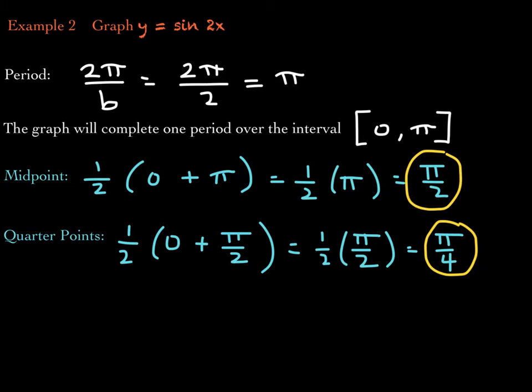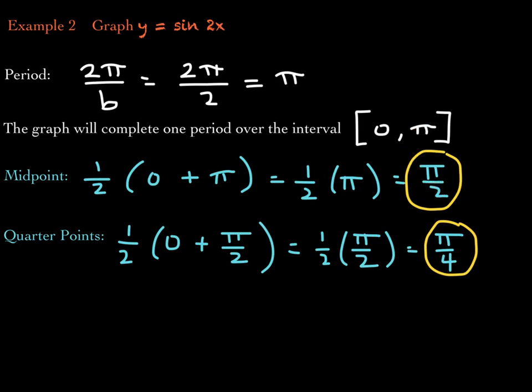Now, what we need last is your third quarter point. The third quarter point would be the distance, pay close attention, from the midpoint to the right endpoint. As a reminder, the first quarter point was halfway between your left endpoint and the midpoint, right? Halfway between 0 and pi over 2 is pi over 4. The third quarter point will be half the distance between pi over 2 and pi.